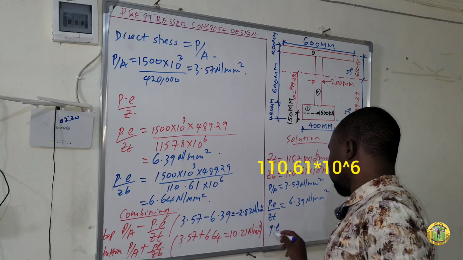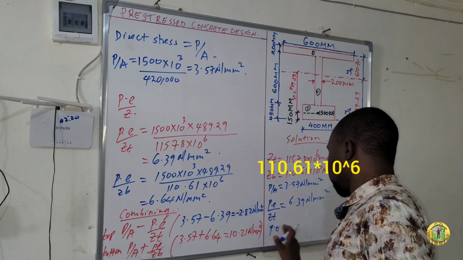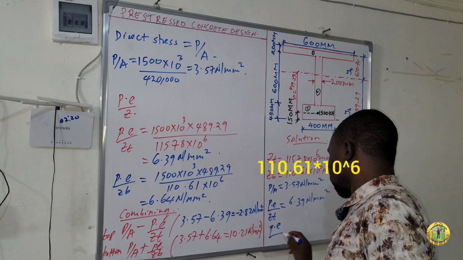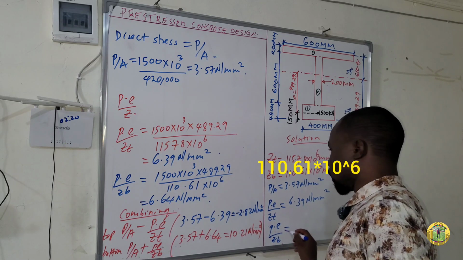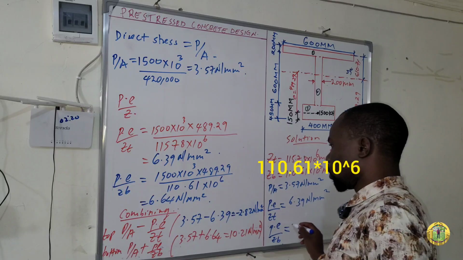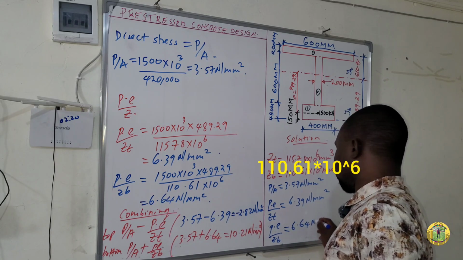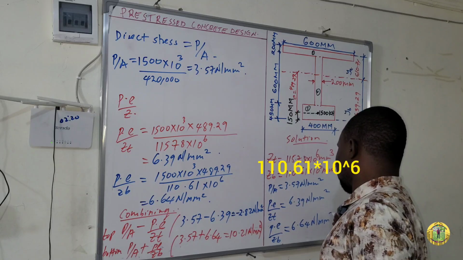Then PE over Z bottom is equal to 6.64 Newton per millimeter square.